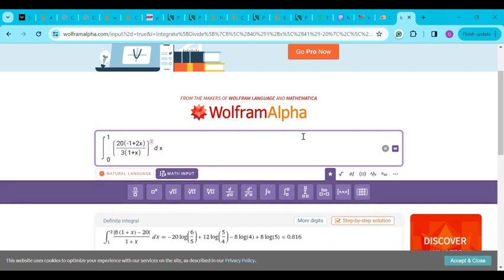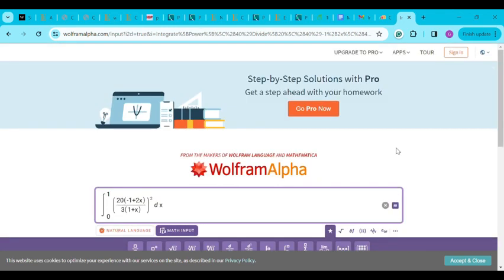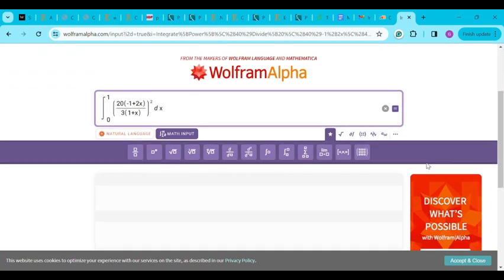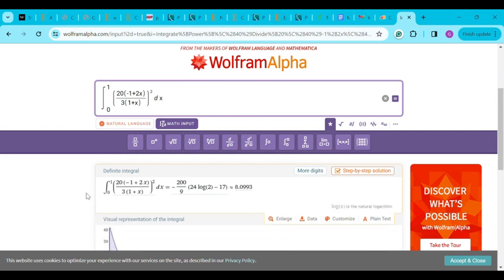If you enter the expression and make it equal to, it will directly calculate and show the value. So it shows that the error is 8.0930993.